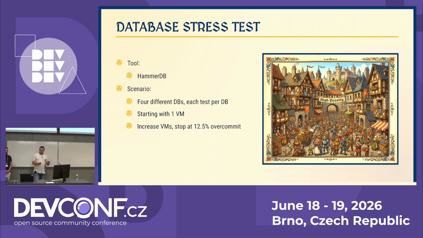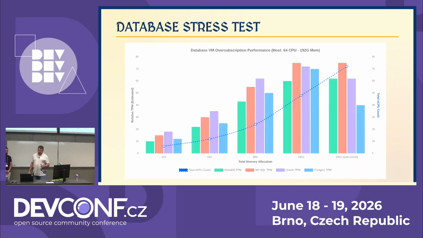Now, we conducted 4 tests. Each test had a different production database. And each step of the test was starting from one VM with the database and adding more VMs until we reach a certain percentage of overcommit. What you can see here is the 5 groups. Each color represents a test, and each color also is a different database.